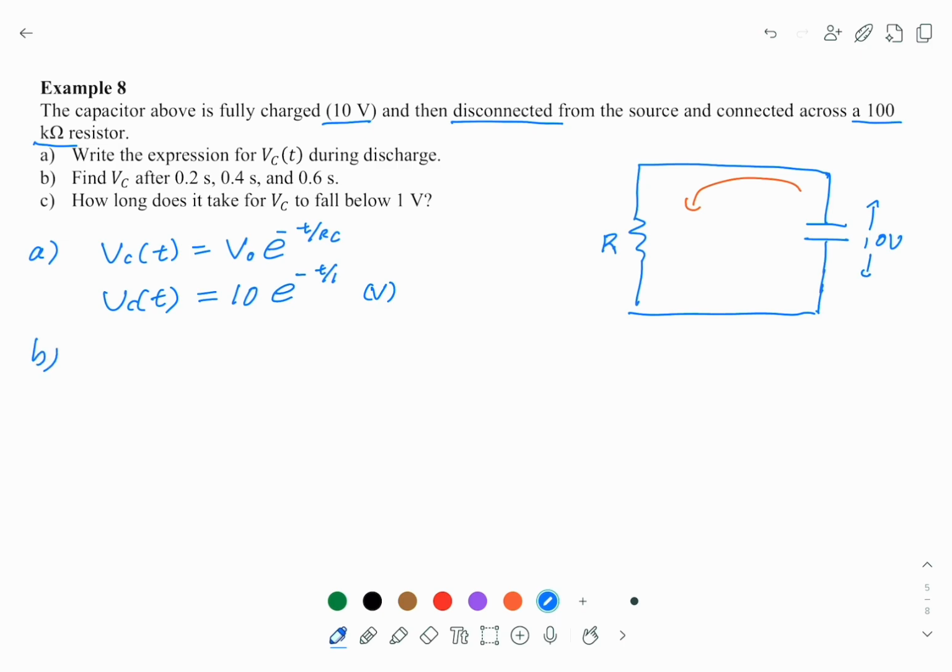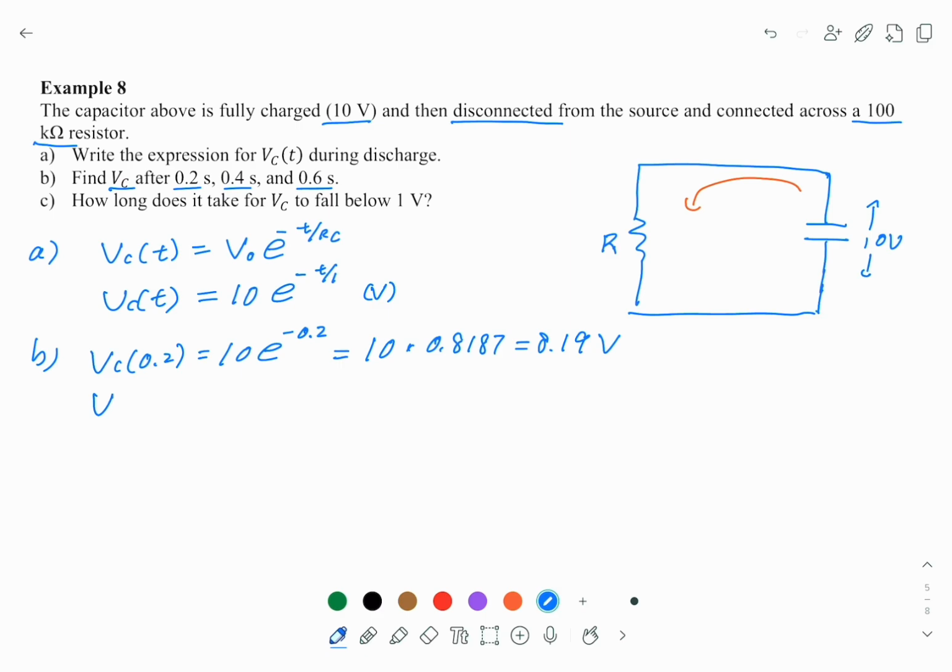B, from Vc at 0.2, 0.4, 0.6. So Vc at 0.2 second, it's 10 times 0.8187. So it's 8.19 volt. I put it here.